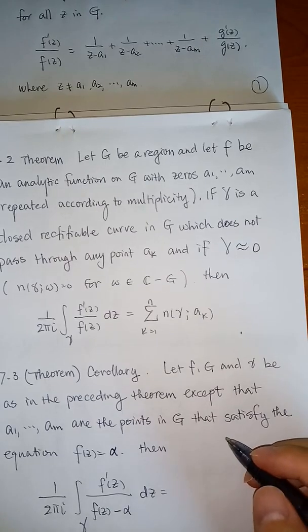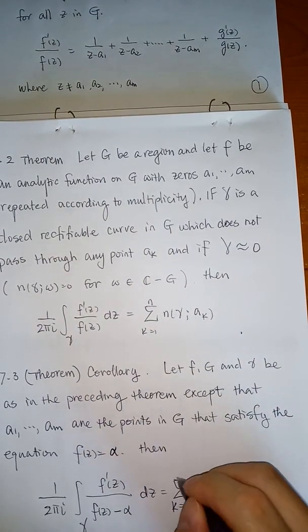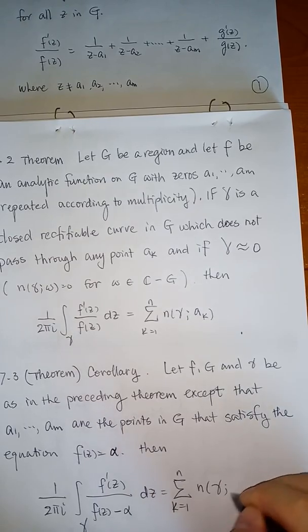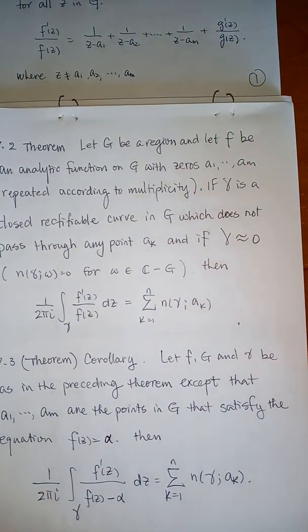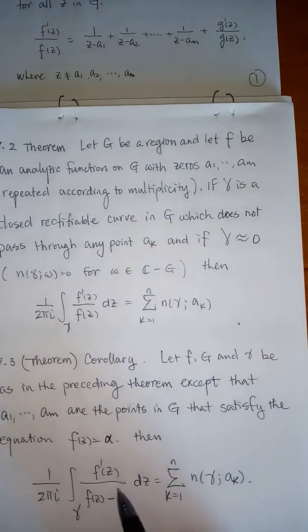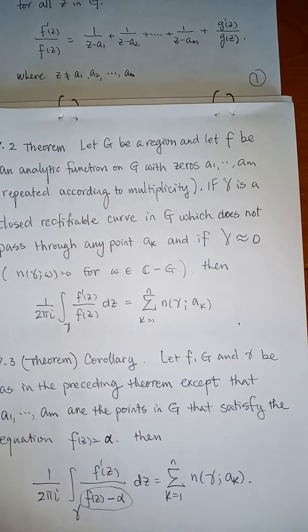So this is also equal to the sum of the winding number with respect to AK. You just consider this one as your new analytic function, you call it g of z. Then f prime is equal to g prime. You apply the preceding theorem, and you will get the answer.